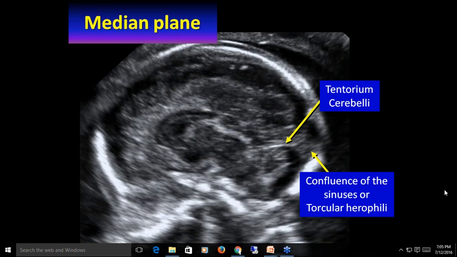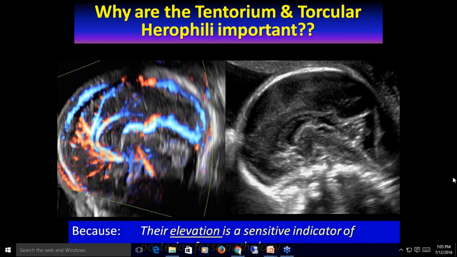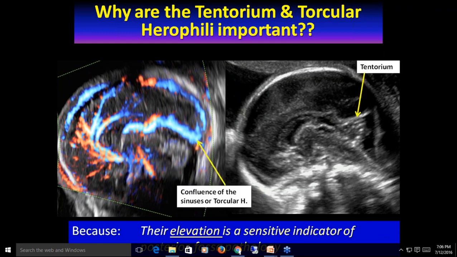Again, this is a median plane showing the tentorium as well as the confluence of the sinuses, or the torcular herophili. So why are the tentorium and torcular herophili important? It's because their elevation is a sensitive indication of posterior fossa pathology.